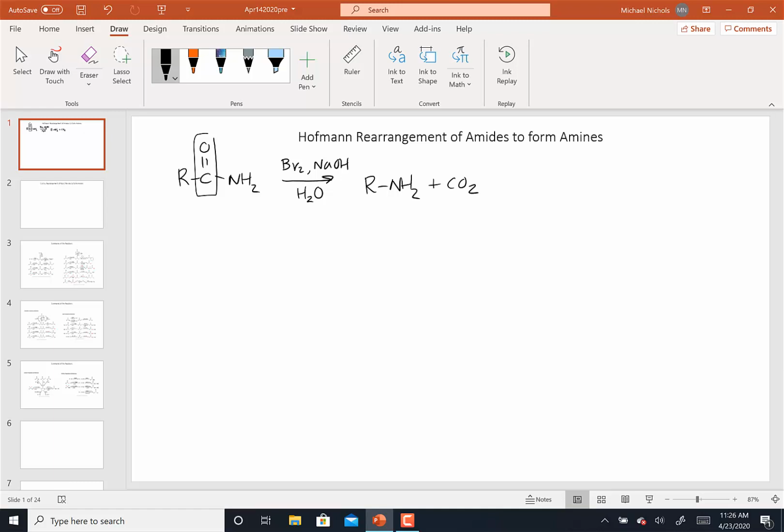So the rearrangement basically has the loss of this carbonyl group and the R group then moving over and being attached to the NH2 group.